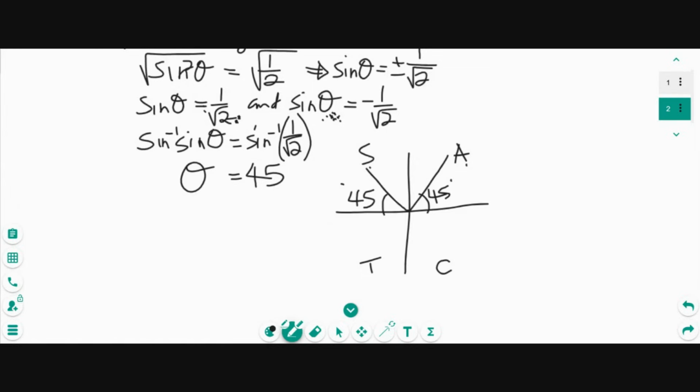I'm not going to repeat this procedure of taking sine inverse, because if I followed it, I would get the same value here. Remember, when we were having a negative, we used to ignore it. So I'm just going to use the same 45. But I'm going to now also represent it in the quadrants where sine is negative.